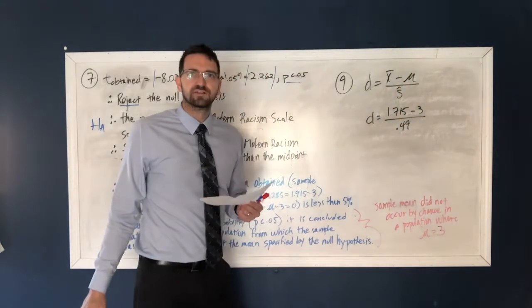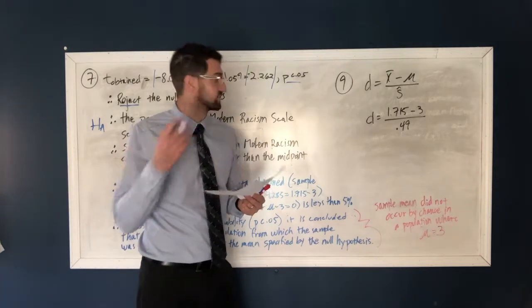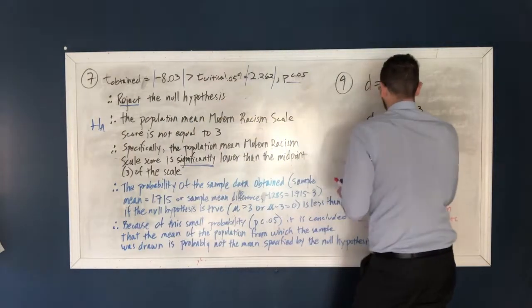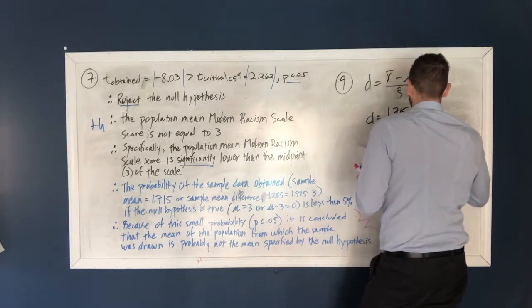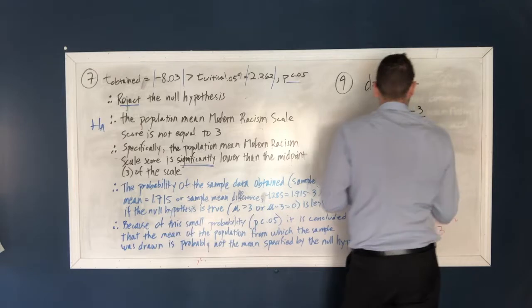So our sample value is 1.715 minus 3, and our standard deviation is 0.49. So there you have it. And if you do that calculation, you're going to find that D is negative 2.62.